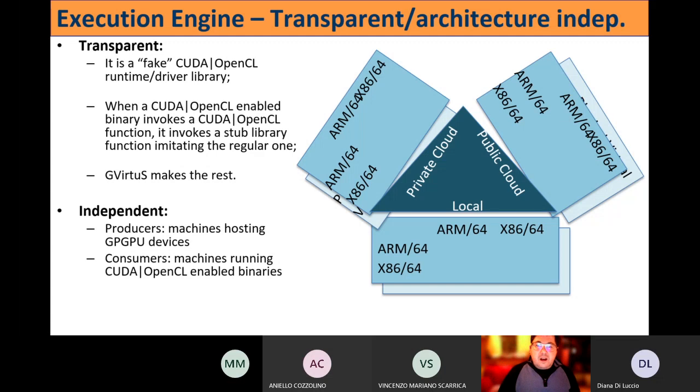You can have an ARM 64-bit mobile device offloading computing cores directly to an x86 64-bit backend, and the virtualization, and in this case remoting, is completely transparent.